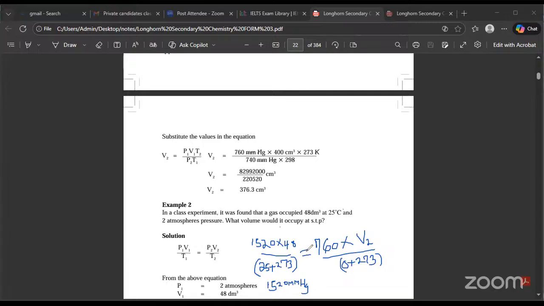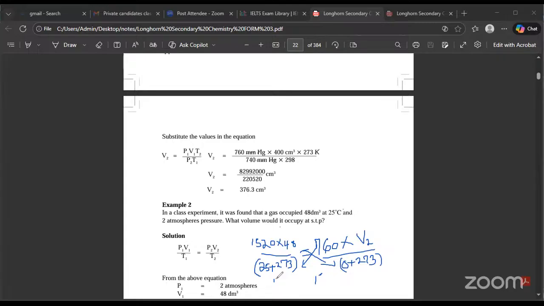So you cross multiply, this one comes here and this one multiplies with this. So it becomes 1520. Let me wrap the 1520, because we already know it, so that I can use that space.